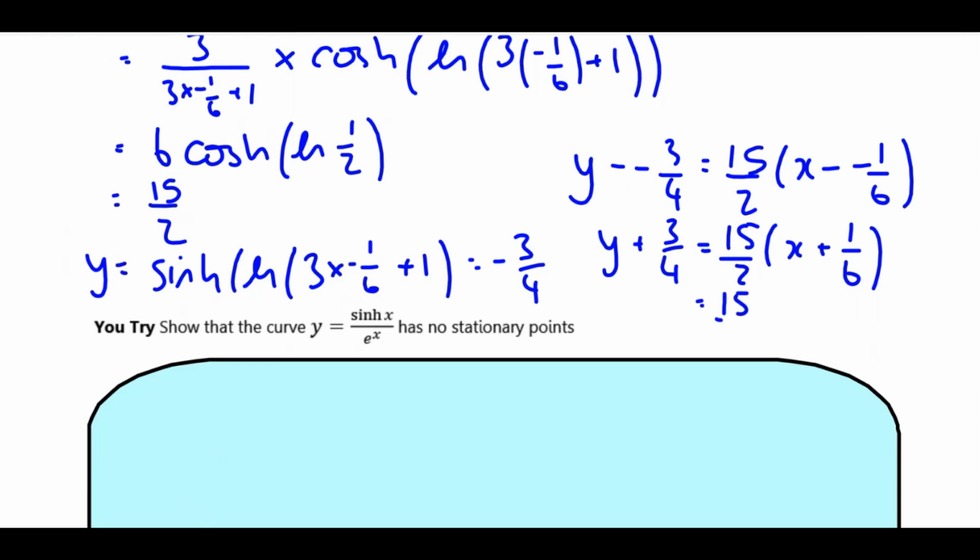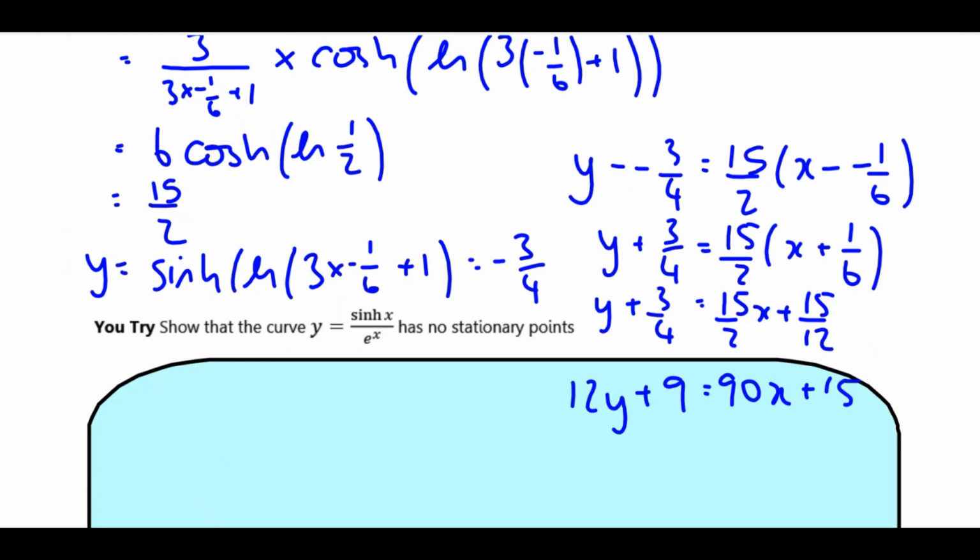So 15 over 2x plus 15 over 12. Let's times through by 12. And so we get 12y minus 90x minus 6 equals 0.